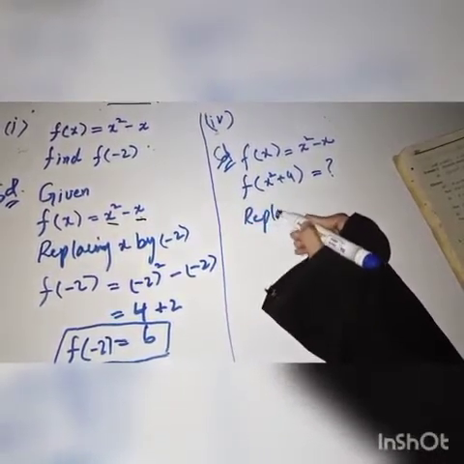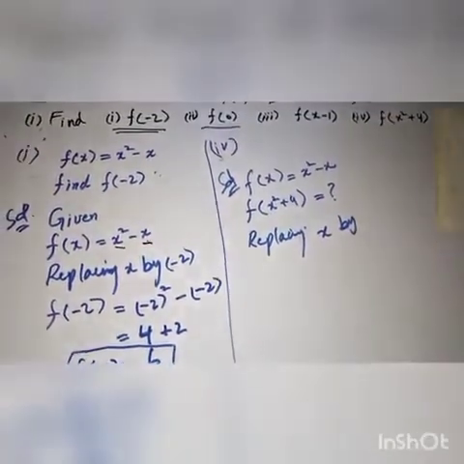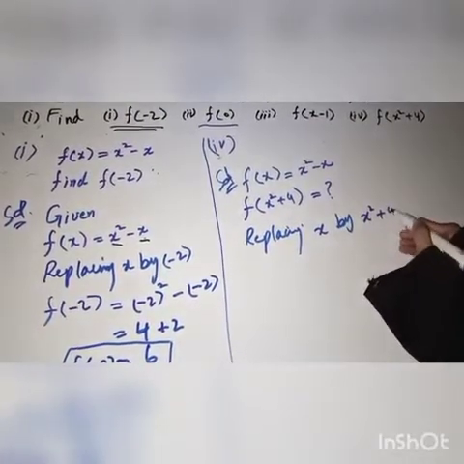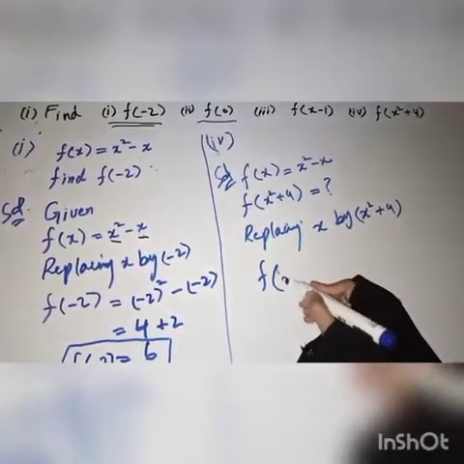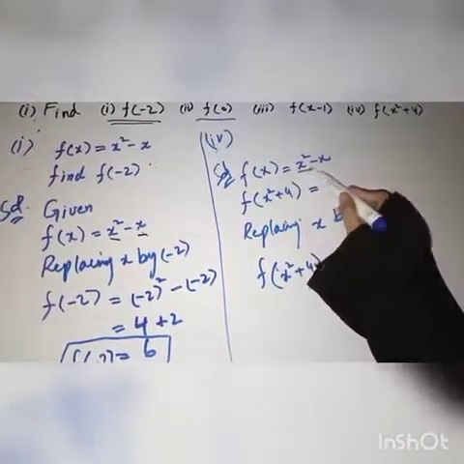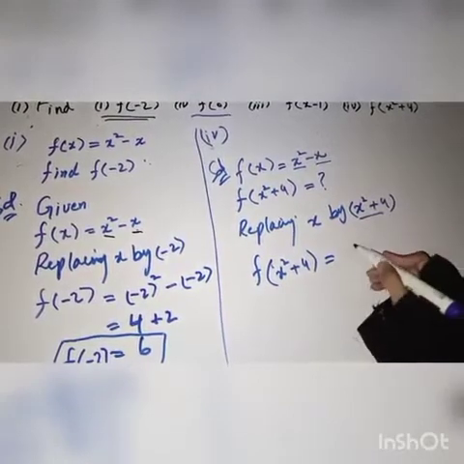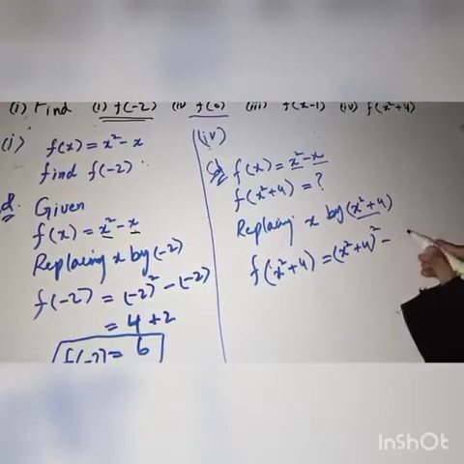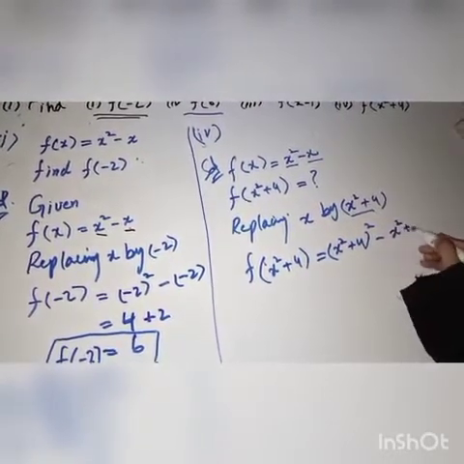So replacing x by x square plus 4. F of x square plus 4 is equal to, in place of this x put this value, and in place of this x also put the same value. X square plus 4 square as it is, and in place of x again put the same value, that is x square plus 4.